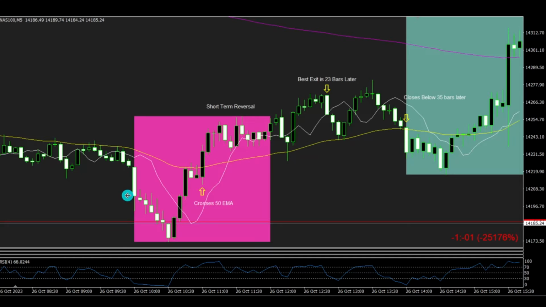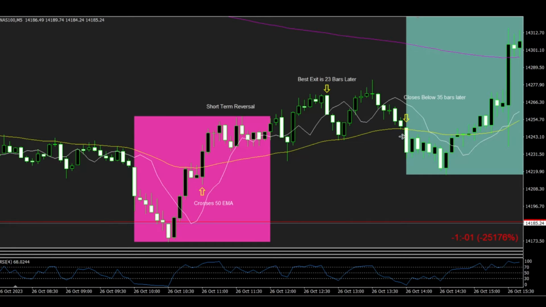As we see, price crossed over the 50 EMA, and this is considered a short-term reversal. Price moves upward, and if you count the number of candles since it crossed the 50 EMA, there's 23 bars before it crosses below the 4 EMA, and then there's 35 bars or candles before it closes back below the 50 EMA.